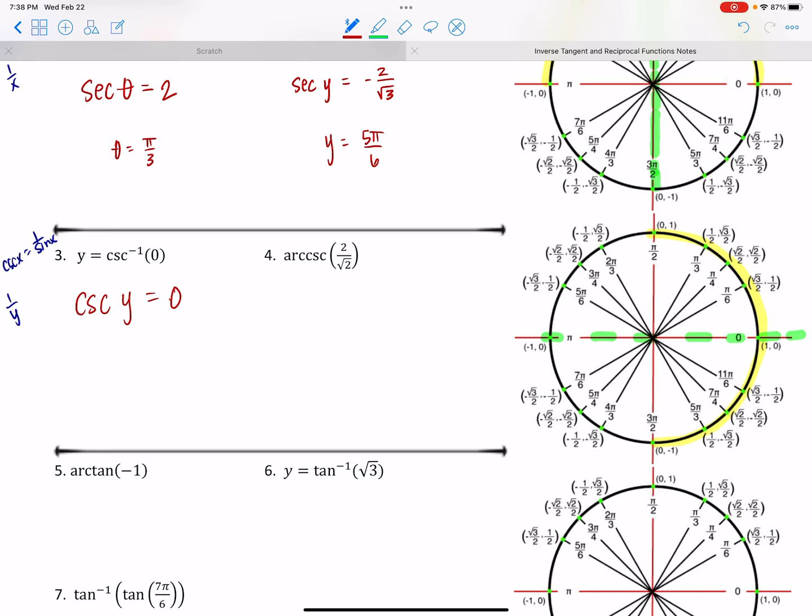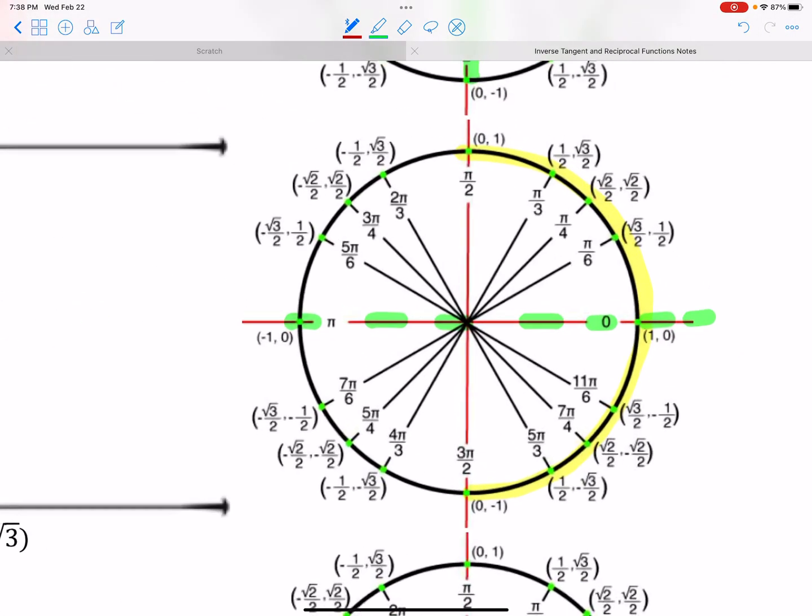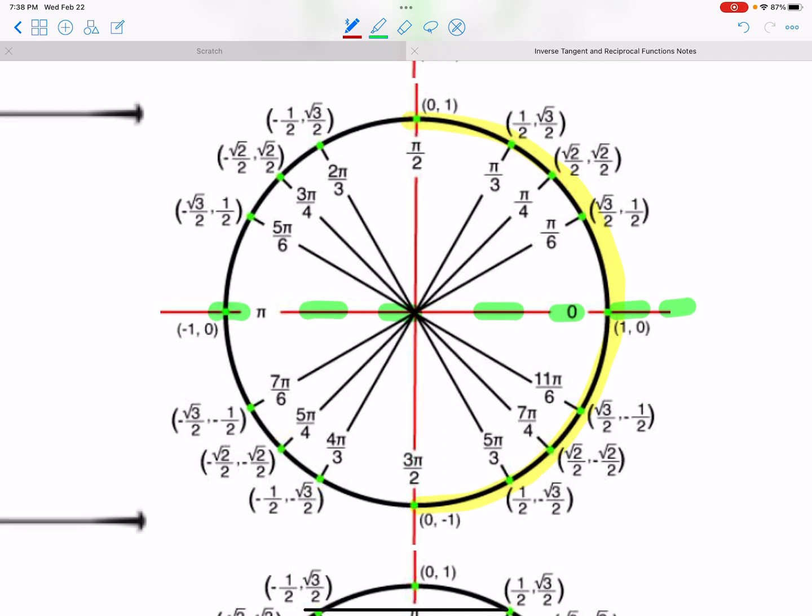Good question. Well, if I look at all these y values, I'm not going to be able to get a reciprocal of 0, right? If I try to take the reciprocal of 0, it becomes 1 over 0, which is undefined. Reciprocal of, oh, sorry, that's 1. I'm looking at my sines, which are my y's. Reciprocal of 1 is 1. This is clearly not going to get me a 0, neither is this, neither is this.